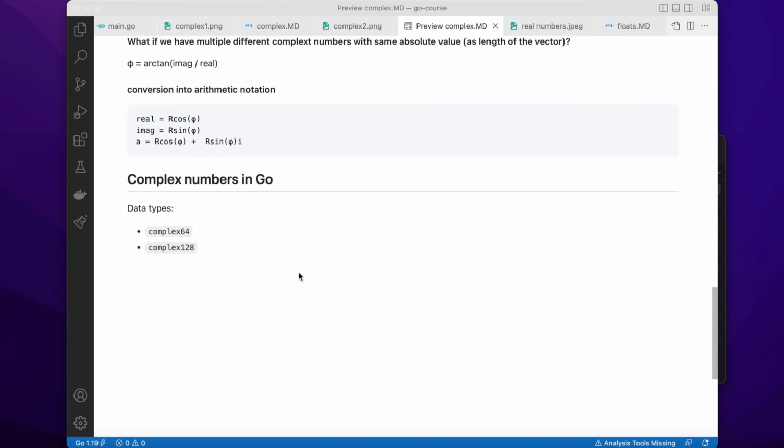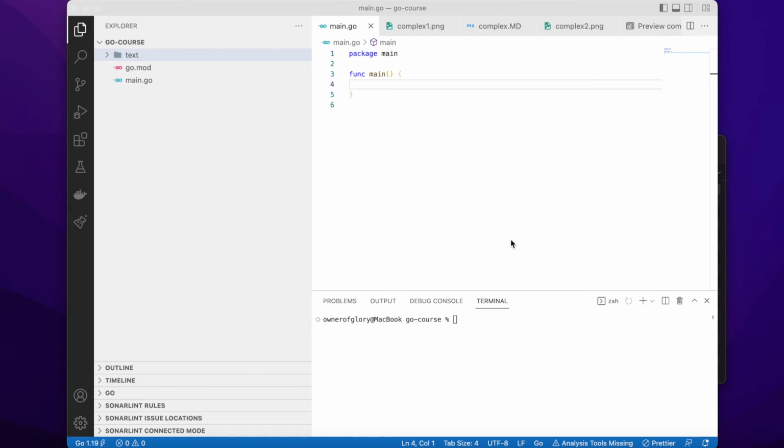Golang provides two data types for working with complex numbers, which are complex64 and complex128. Those numbers mean the precision, or the number of bits for storing the values for these data types. Let's demonstrate working with complex data types in Go by writing some code.